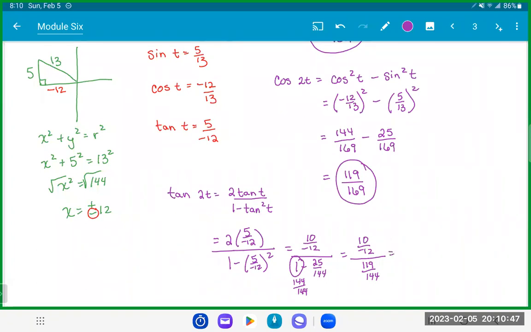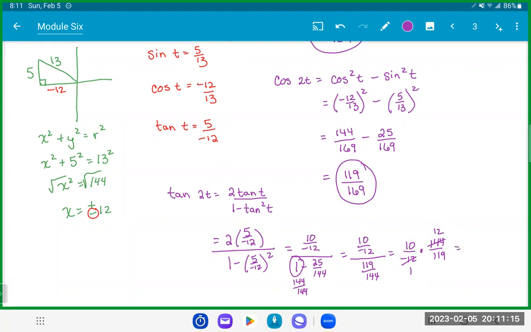So division is really the same as multiplication by the reciprocal. So when we do that, we have 10 divided by negative 12 times, since it's division in the denominator there, we're just going to multiply by the reciprocal. So we're going to multiply by 144 over 119. And 12 goes into 12 one time, 12 goes into 144 12 times.